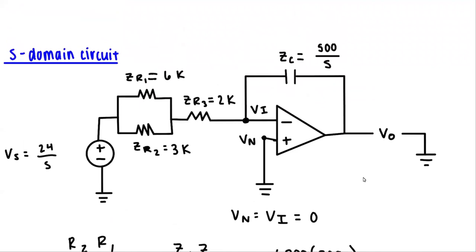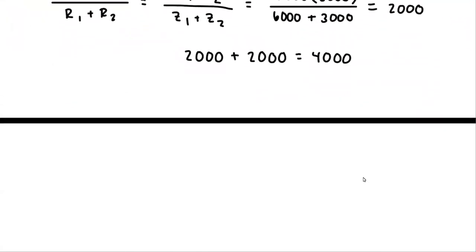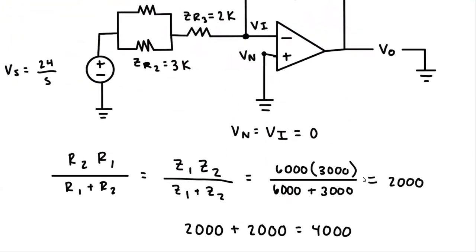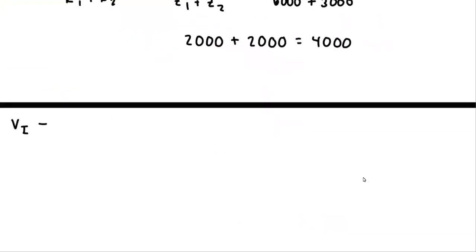So we will first be taking the path of Vi to the input source. So we have Vi minus the input source, which we found in S domain is 24 over S. So Vi minus 24 over S, divided by the overall impedance that we just found of the three resistors, which is 4,000.